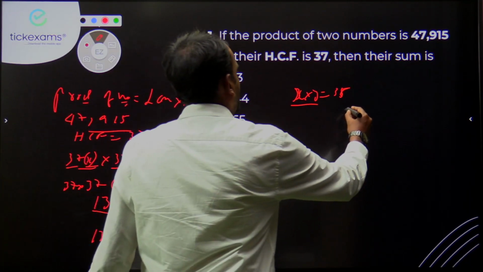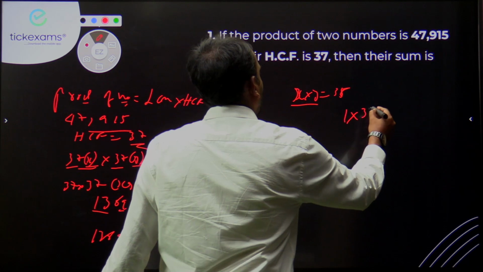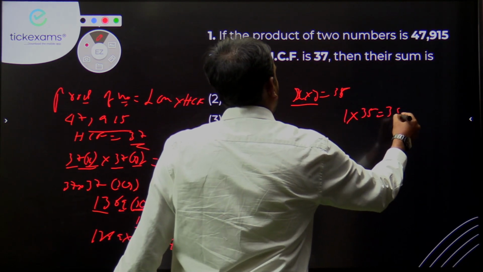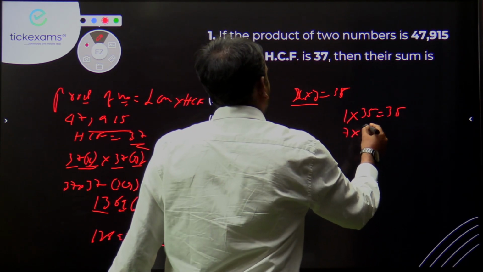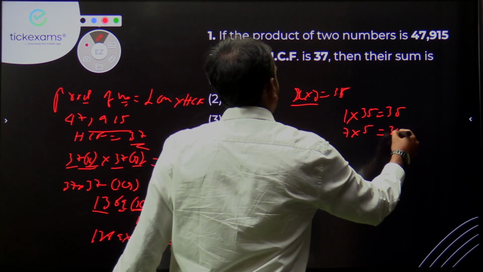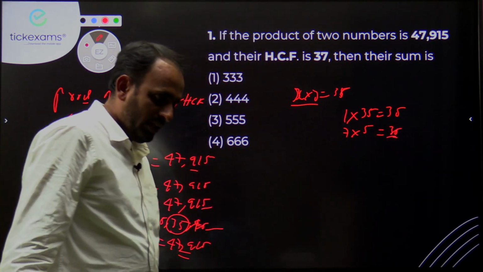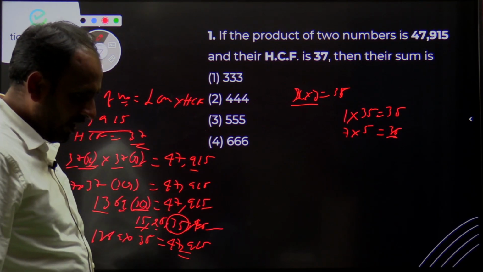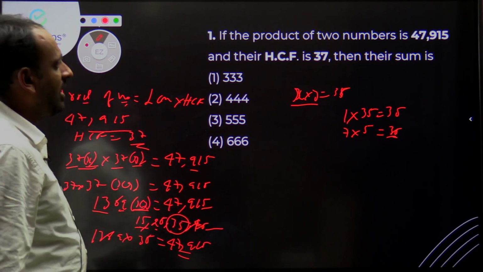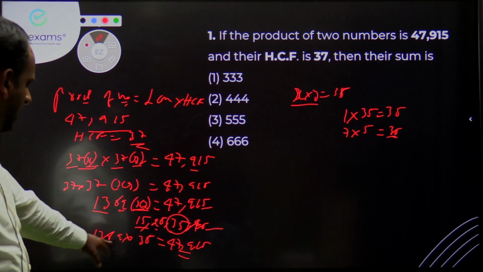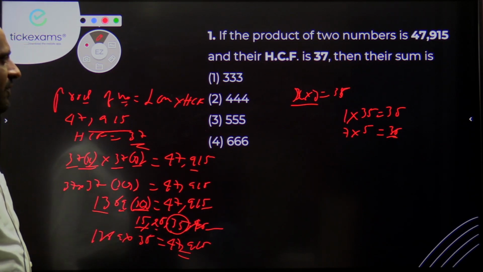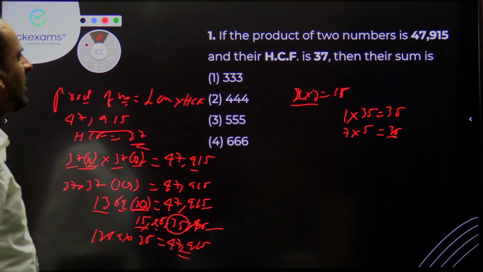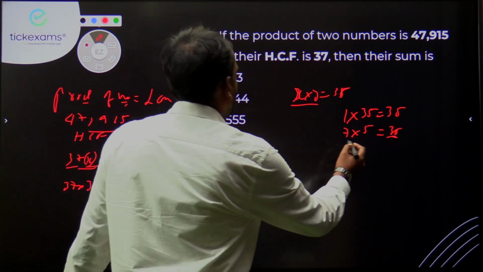One way is 1 into 35 is equal to 35, or 7 into 5 is equal to 35.